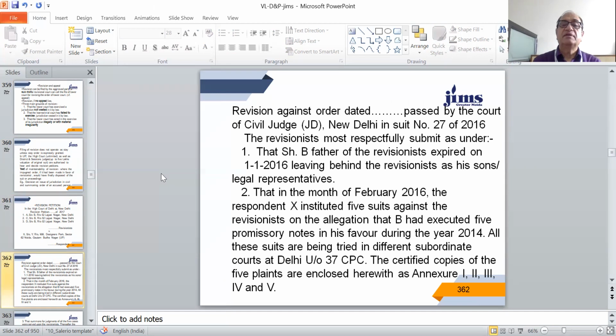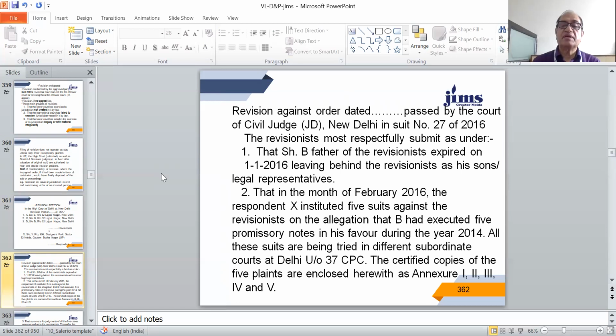Number 1, that Shri B, father of the revisionists, expired on 1/1/2016, leaving behind the revisionists as his sons or legal representatives. Para 2, that in the month of February 2016, the respondent X instituted 5 suits against the revisionists on the allegation that B had executed 5 promissory notes in his favor during the year 2014.